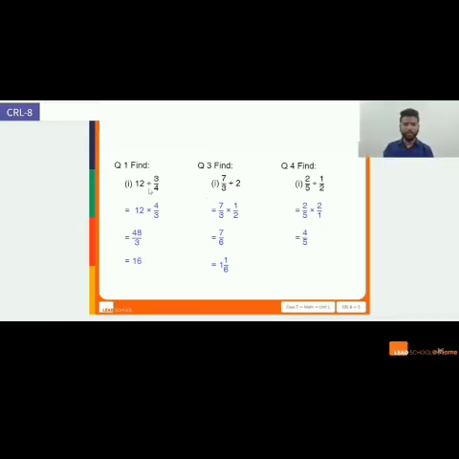You see, the division symbol is replaced by multiplication in all the 3 cases, and the actual fractions are replaced by their reciprocals.